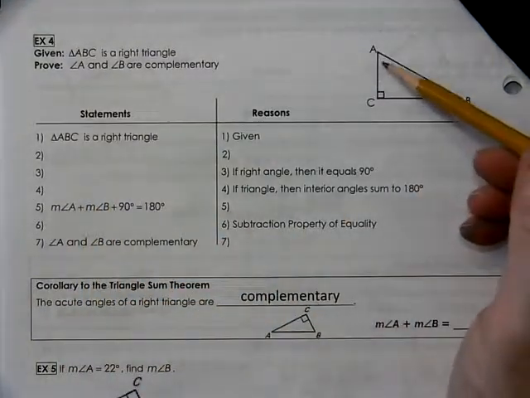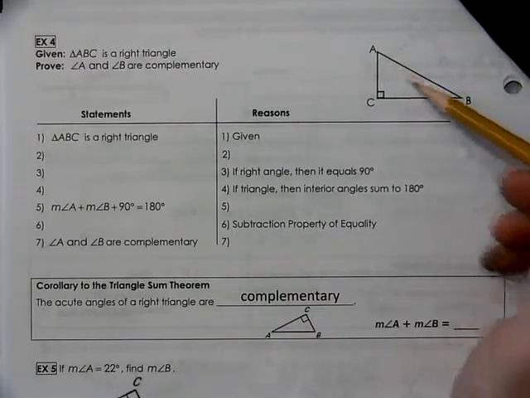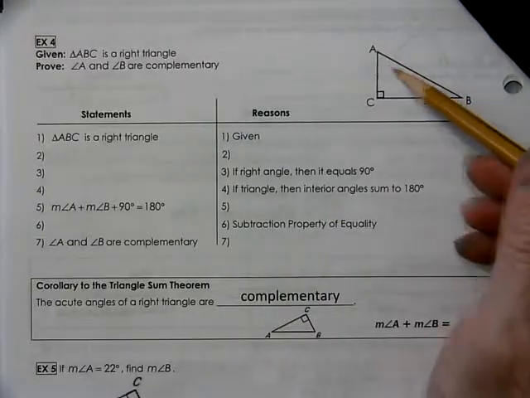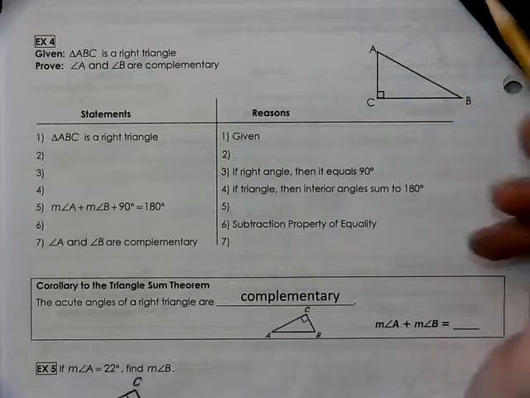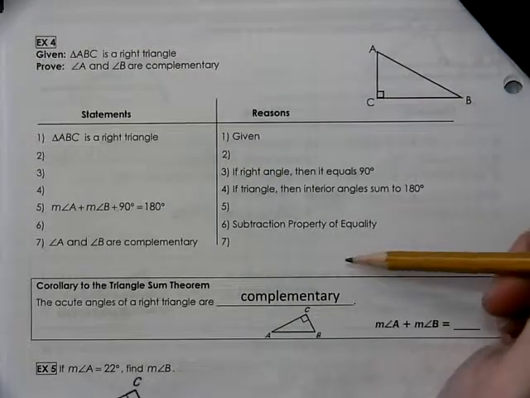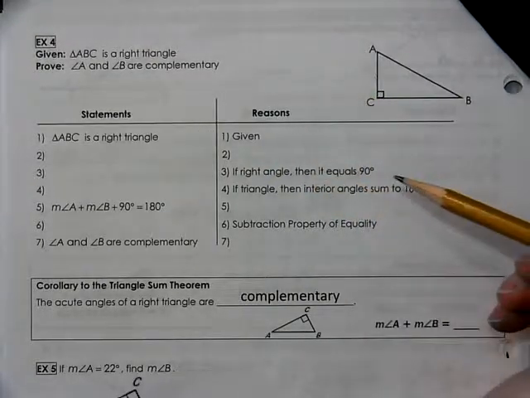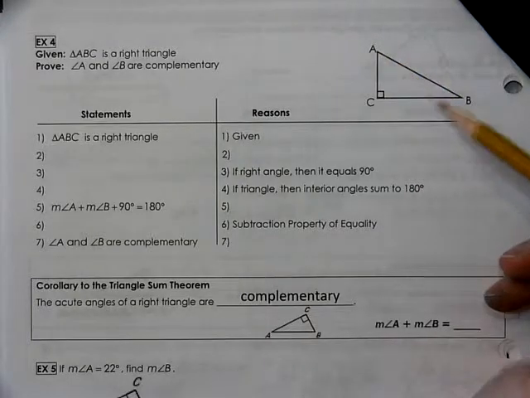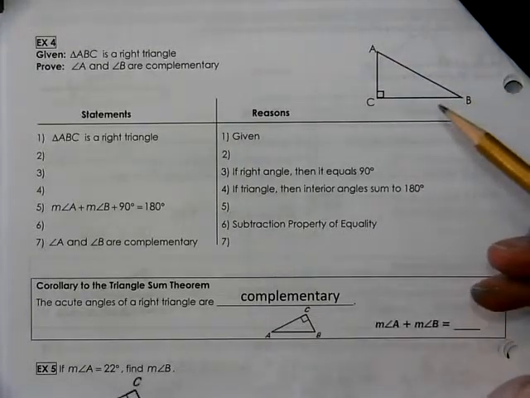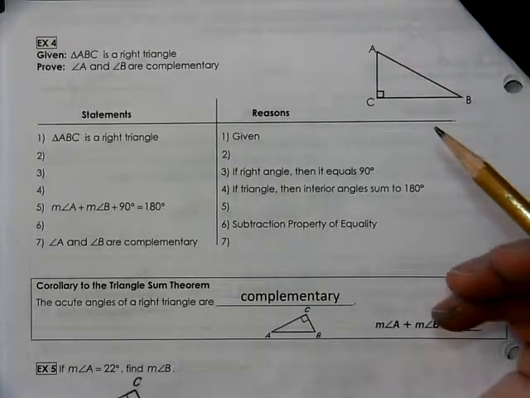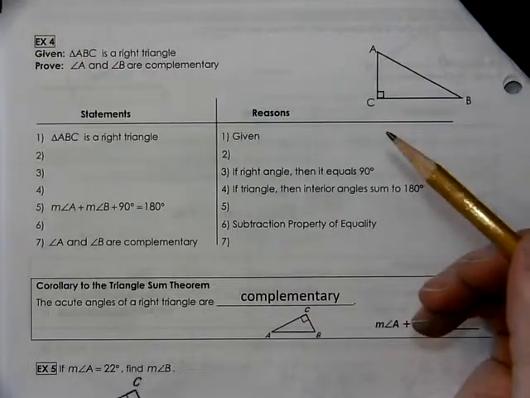Well, I know previously that these three angles add up to 180 degrees because it's a triangle. One of those angles is 90. So if I subtract 90 from both sides, I'm left with A and B that have to equal 90, and that will make them complementary. Seemed like a pretty good proof.